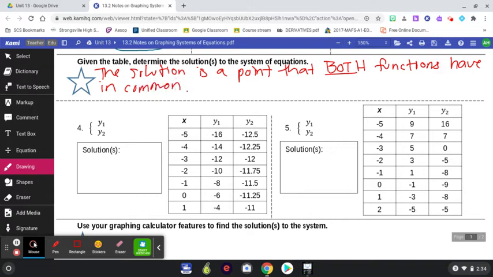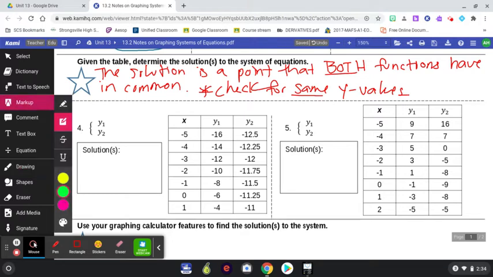So if both functions have these points in common, I'm going to check for same y values. I'll do the first one with you.